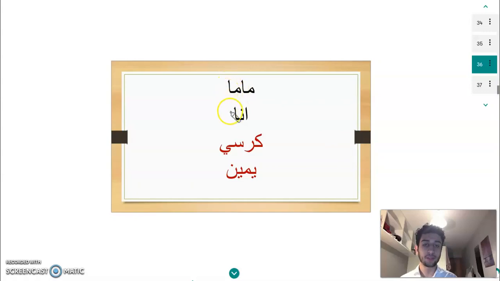It's exactly the same way of writing as if it was written as a last character, or in the final form. This other example is the word ana, which is me, and it starts with the letter alif as an isolated form, but it's the first letter as well, so it's in the initial position as well. And we can see here the letter noon or n, and we've discussed this before.